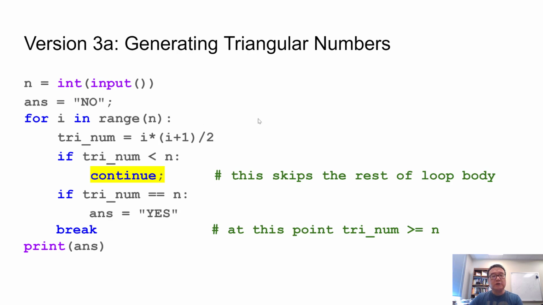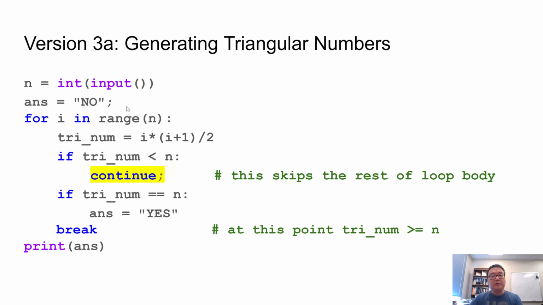So what we are trying to do is generate each triangular number, and then compare that triangular number with n. And there are two cases. The triangular number may be less than n, in which case we just need to increment i to consider the next triangular number. Or it may be equal, in which case we have found it, and the answer should be yes. Or the triangular number we look at is bigger than n.